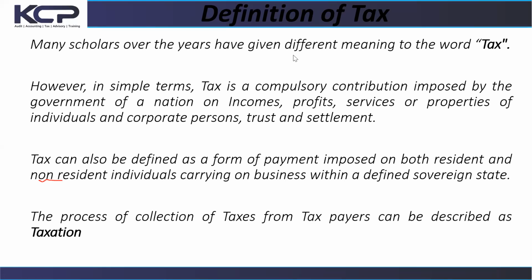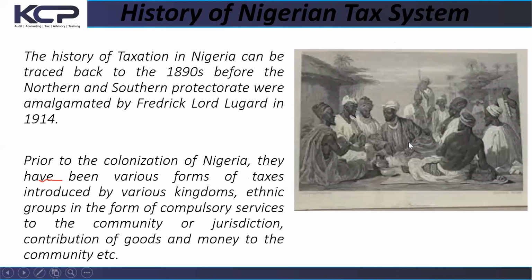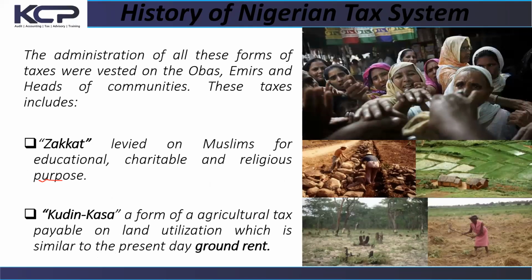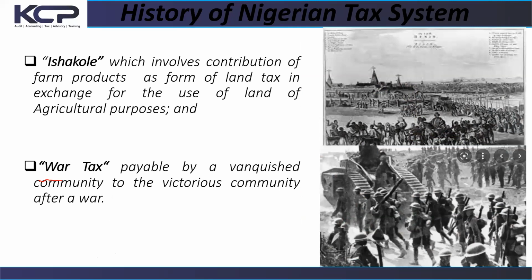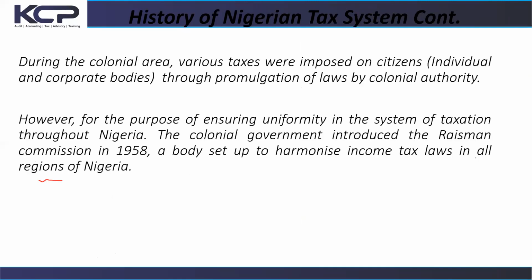So we have said that about tax and taxation. We've also been able to trace our history of taxation, identify some of the very common taxes collectible as zakat, kudi kasa, war tax, shakole, and quite a number of others.